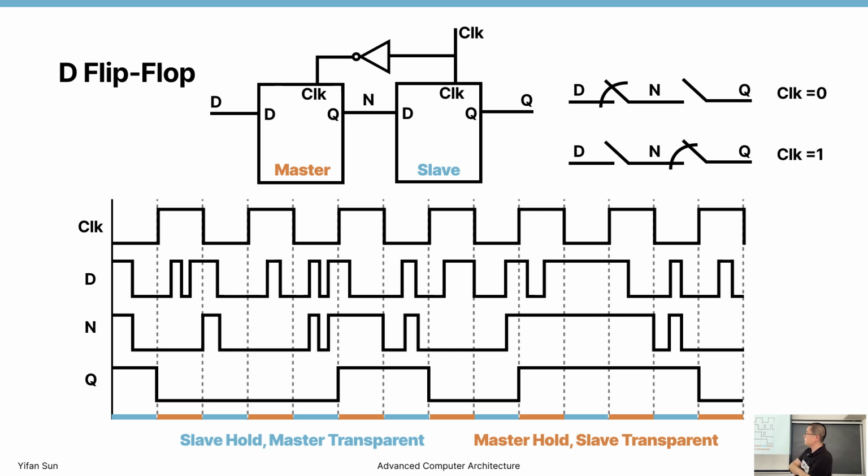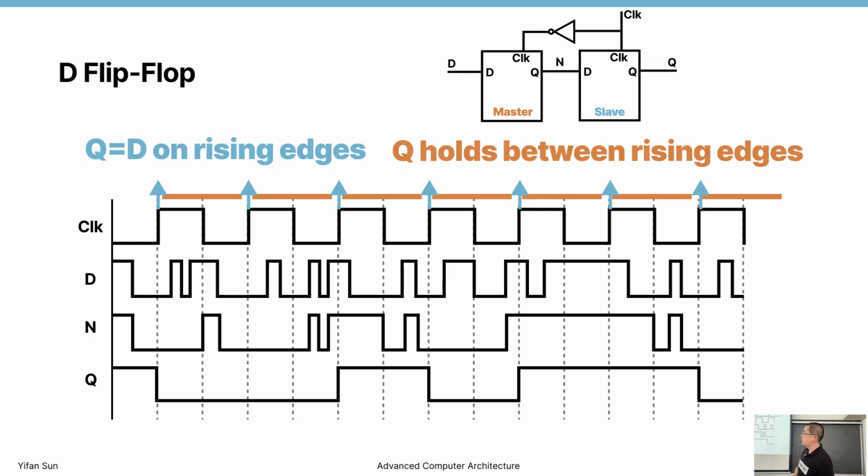So even if you have difficulty understanding this waveform, you can just remember the conclusion: we can only change the result when the clock signal is going from 0 to 1. We call it only changing at the edges.